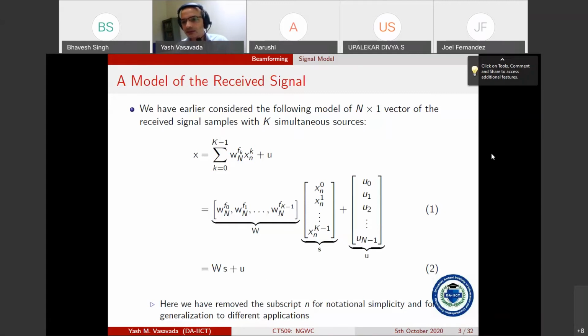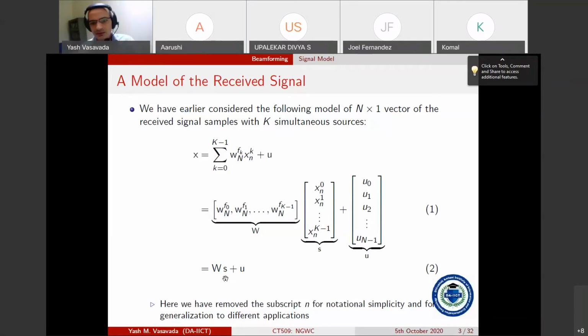Komal, are you listening? Please unmute yourself. Hello? What is the dimension of S vector when I am considering 8-array PSK? For 8-array PSK, what will be the form of S vector? Yeah, go ahead, Komal.